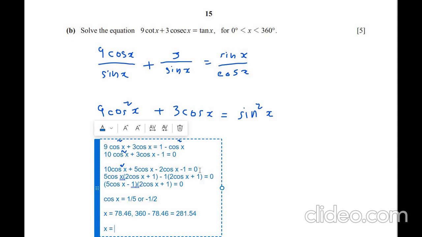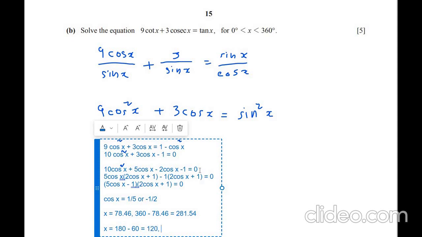And for cos x equal to negative 1/2, if we take cos inverse of negative half, we get negative 60. So cos is negative in the second quadrant. So that would mean 180 take away 60, and that gives us 120 degrees.